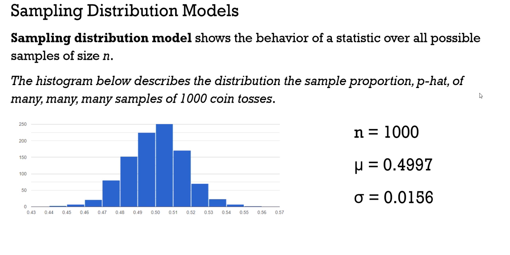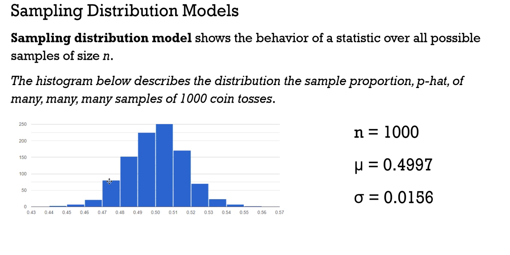This is the histogram that we had up on the screen. It's a simulation, it's not what actually happened, but we simulated 1,000 coin tosses and repeated that simulation 1,000 times. That's what we would have here.